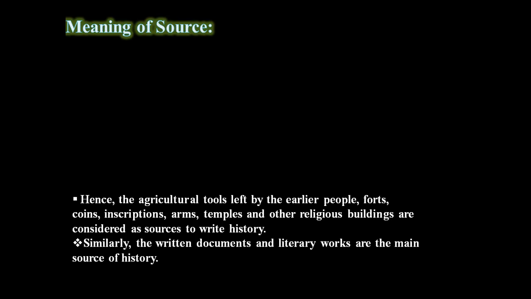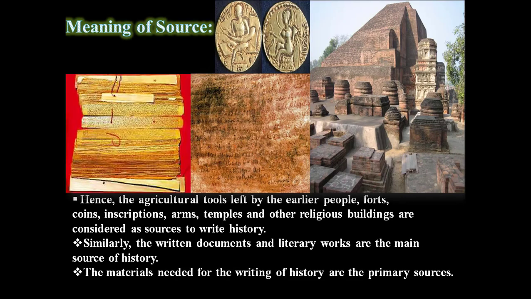Similarly, some of the written documents and literary works are the main source of history, becoming the proofs or evidence or documents for the historians. Very importantly, the materials needed for the writing of history are called primary sources. Without these sources, we cannot create the history.